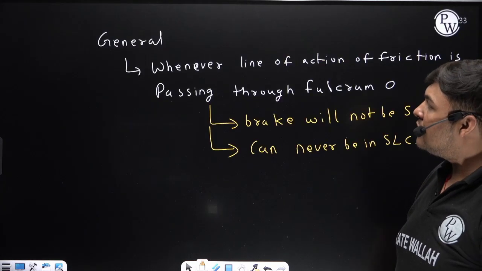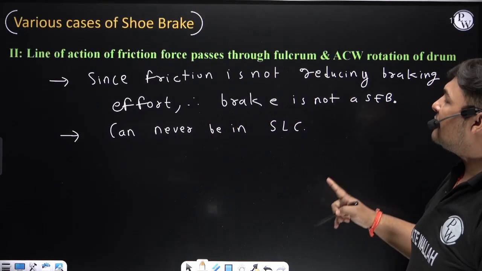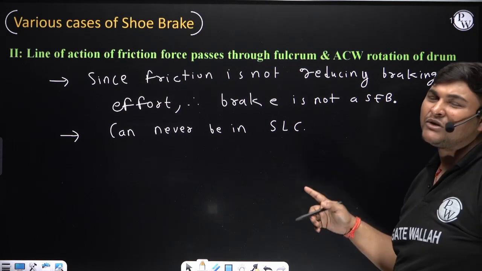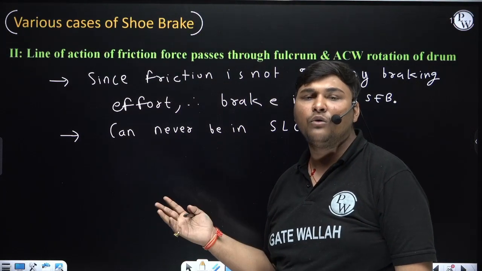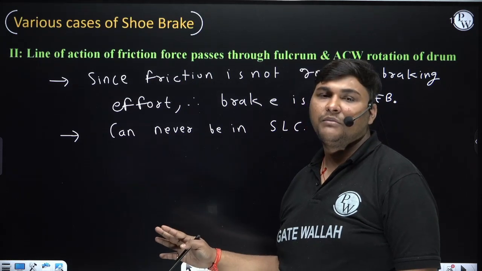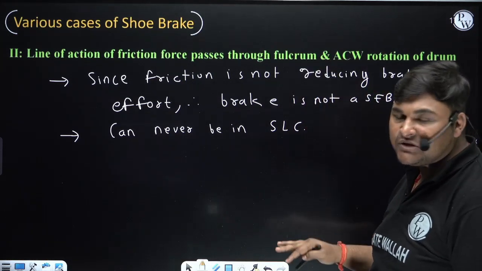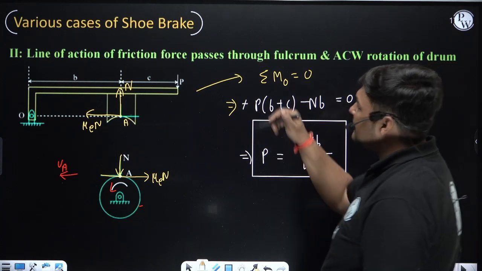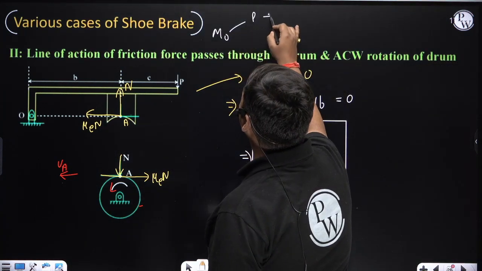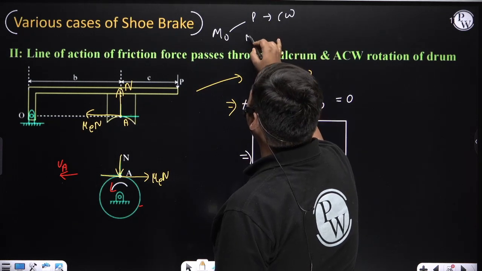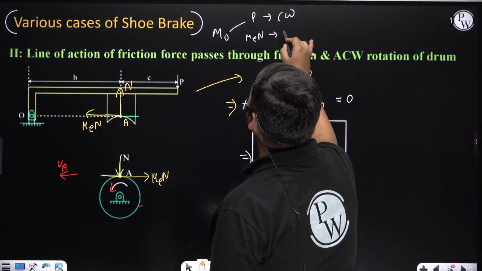In case 2, when the line of action passes through the fulcrum, you can directly remember: if the line of action of friction is passing through fulcrum O, the brake can never be a self-energizing brake. But if you want to check by this method also, the direction of moment of effort P about the fulcrum is clockwise, and the moment of the friction force about the fulcrum is zero.